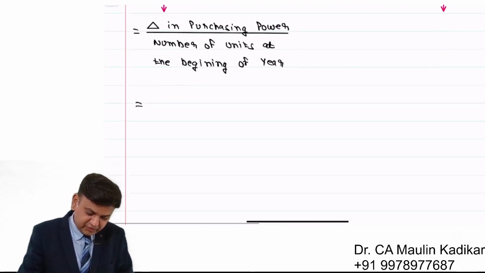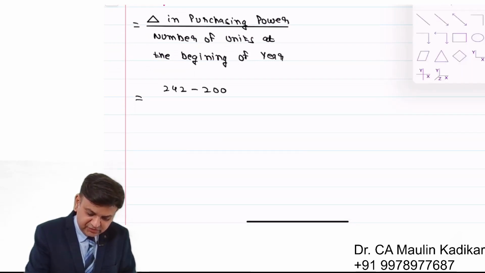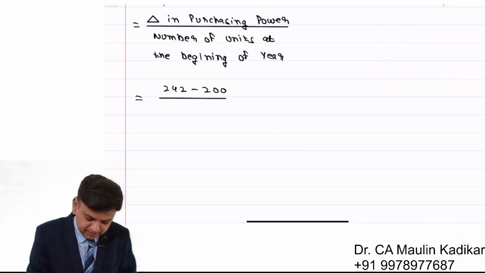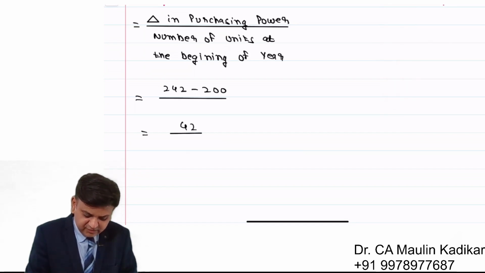How many more units, friends? 242 minus 200. So you can purchase 42 units more in comparison to 200 that you were able to buy at the beginning of the year. So into 100 for getting answer in percentage term, and the answer is 21%.